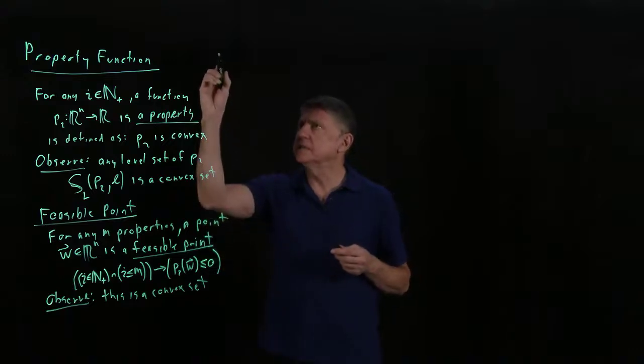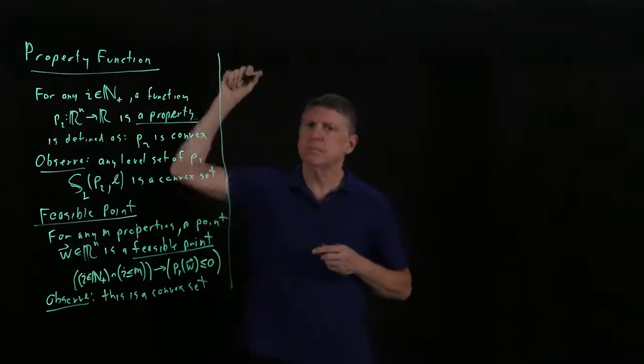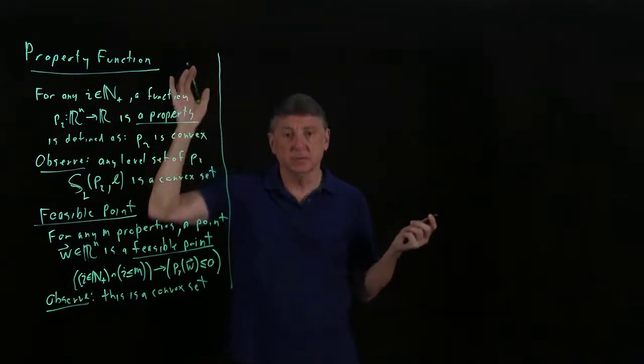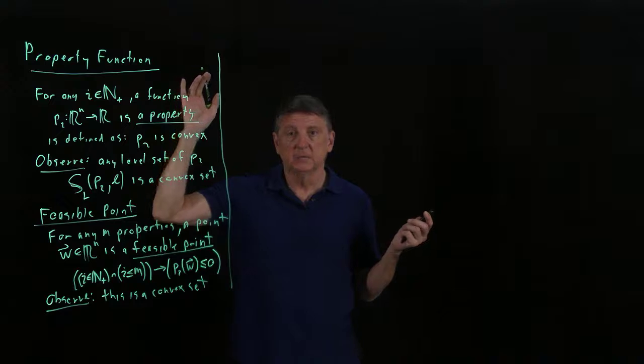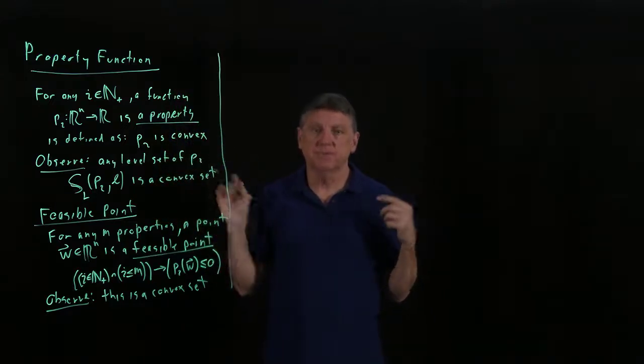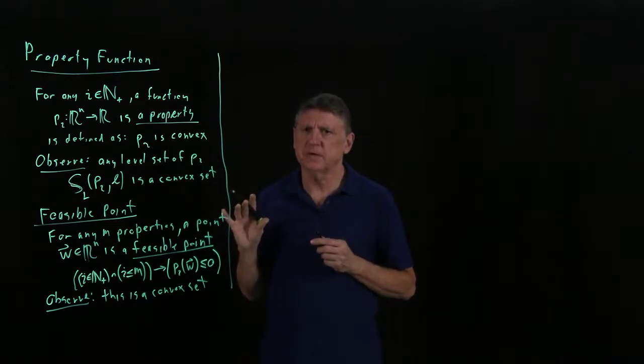So let's take an example, which is linear properties. So we could write this as a theorem, and so what we'll do is in the notes, and you really should be reading the notes as well as watching these videos, right?